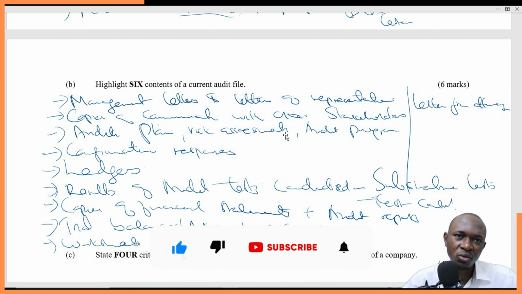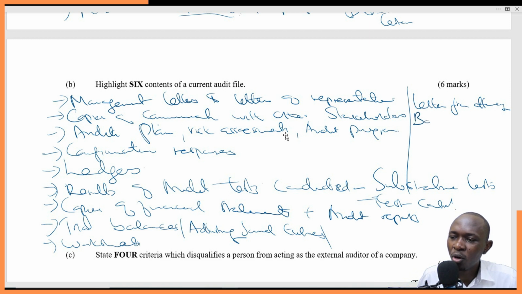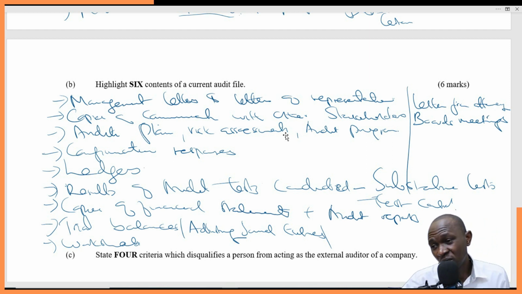And we might also talk about correspondences, or the minutes from board meetings. Sometimes we have minutes that are very relevant to the audit. They also need to be captured, and they will be contained in the current audit file. Let me see if there's anything else. There's quite a lot that should be contained.